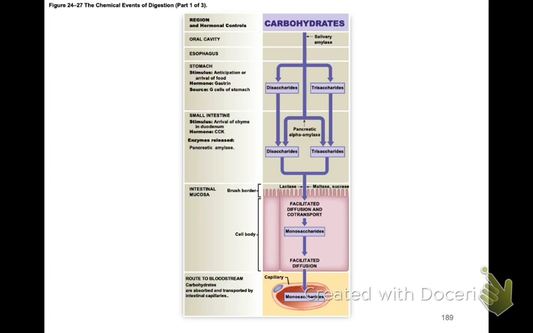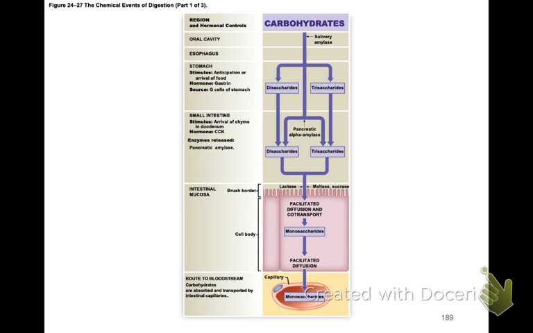In the mouth, some salivary amylase. In the stomach, that can get digested down to the disaccharide maltose or some trisaccharides, but you're not going to finish it until you get to the small intestine where you add the pancreatic amylase. And then finally at the intestinal mucosa are brush border enzymes, lactase, maltase, and sucrase.